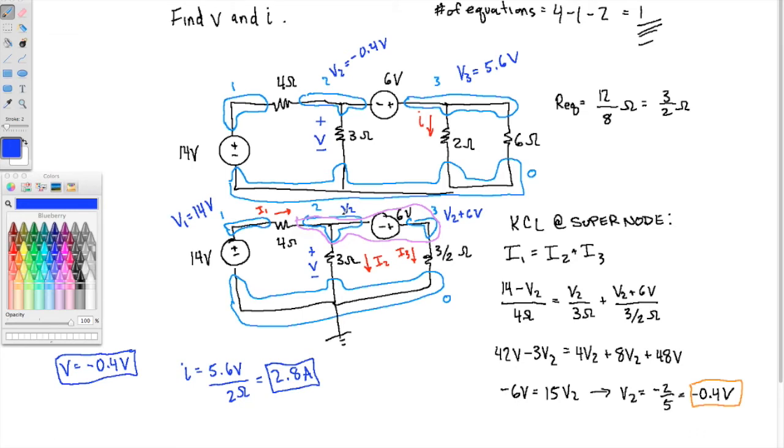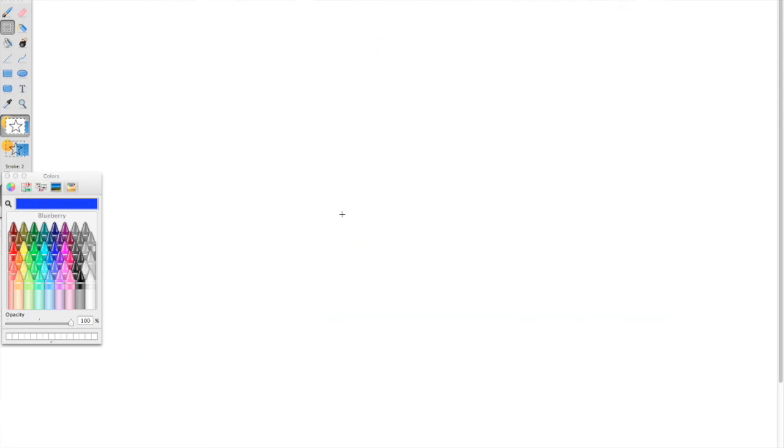Let's work one more example. Or no, let's do two more. Okay, I'm going to delete this. Let's say we have 10 ohms here in parallel with a 2 volt source.